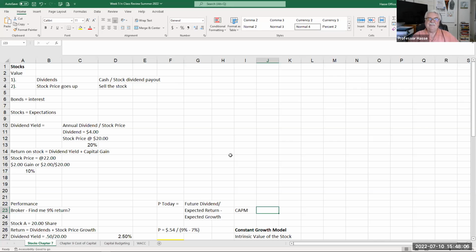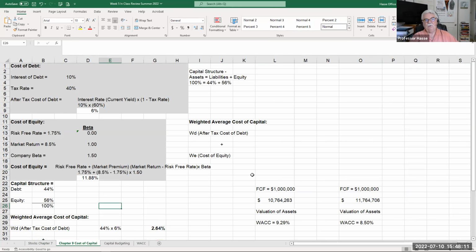So this all leads us to chapter 7 to chapter 9, which is called the cost of capital. It's better yet, as the video shows you in week 5 of our Blackboard, the weighted average cost of capital. What that means is, what does it cost the company today under their current capital structure to get assets?